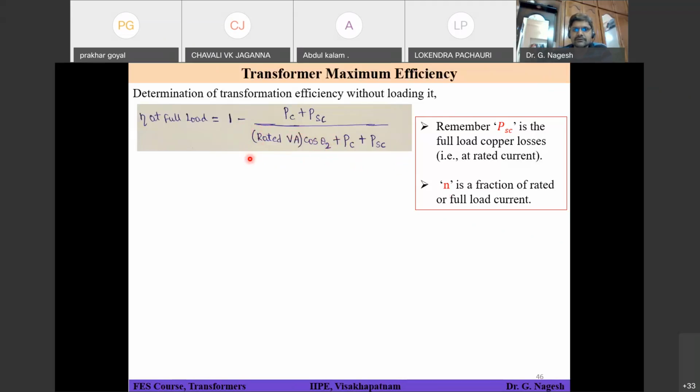Transformer is rated for 20 kVA, let's say. It's not necessary that always the rated current should flow on the secondary side. Sometimes I can have 10 motors connected to the secondary side of the transformer. Motor is one which is consuming power.